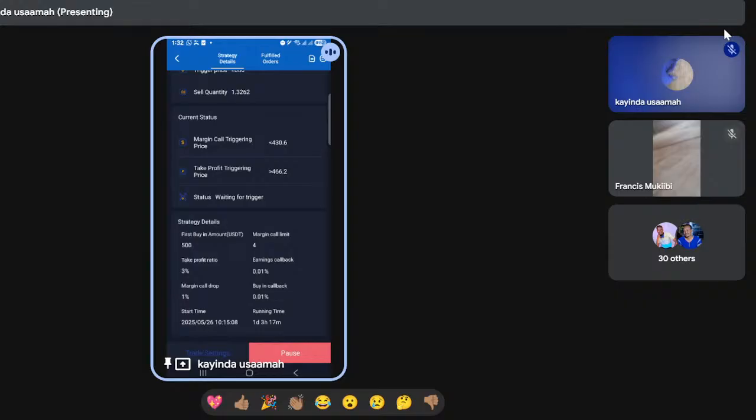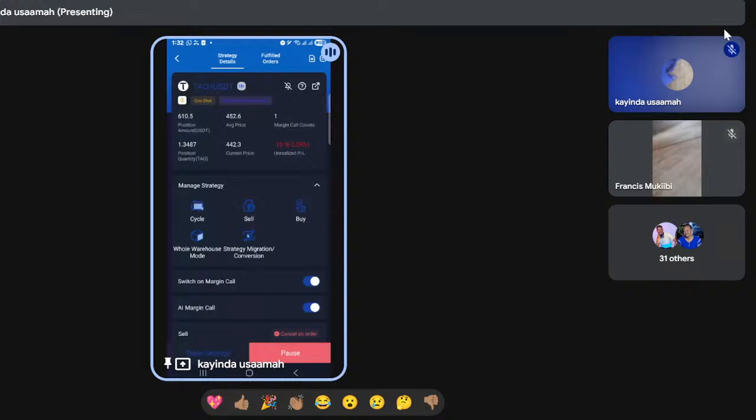But when the market is pulling back a little bit, the percentage you had put here on earnings callback, it's what it will measure and sell right away. That's why sometimes you tell your robot to sell at 3% and you find it selling at 5% because of this waiting period. Okay? So that is the navigation about our trading strategy.